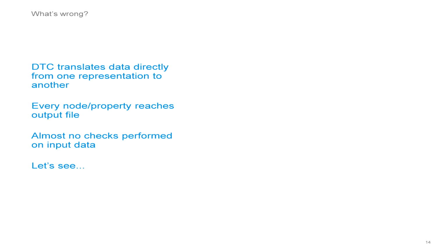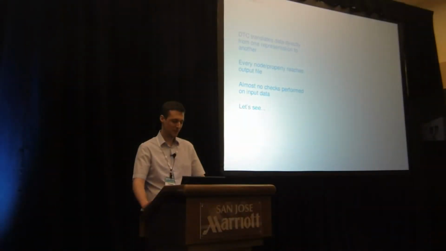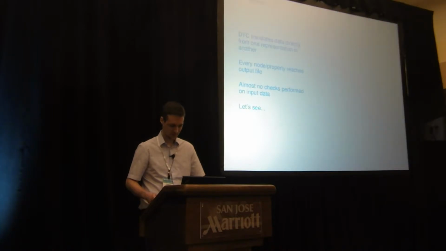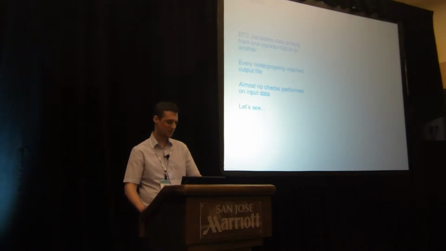Basically, DTC just parses the input data into an internal representation, and then performs a nearly direct translation of all the nodes and properties into the output representation. So basically, every node and property reaches the output file almost directly as in the input file.